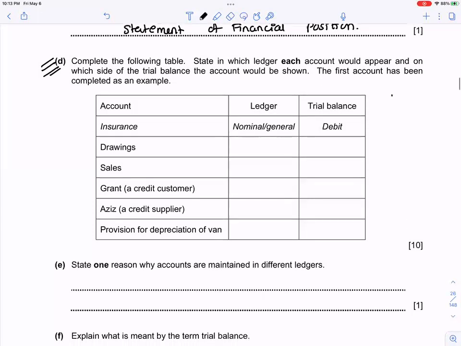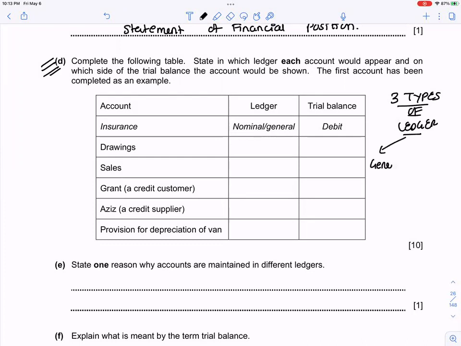Do you know the three types of ledger, kids? Miss, journal, debtor, and creditor. Miss, I think it's ledger.